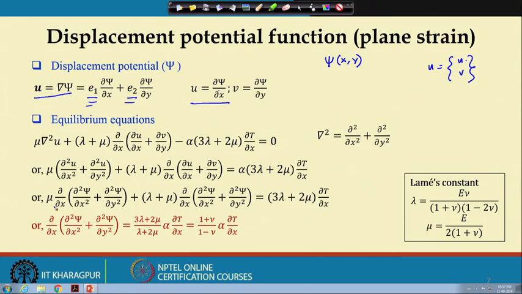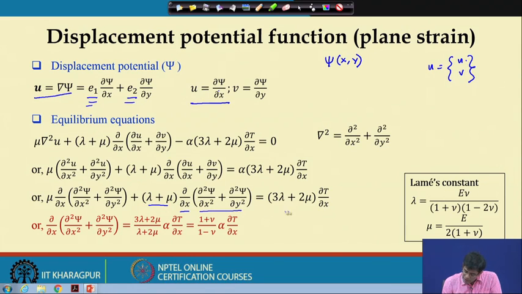So, del square u by del x square plus del square u by del y square will be just the second derivative of this psi, so del square psi by del x square and so on. So, del x of that, and then lambda plus mu is del x of this quantity.